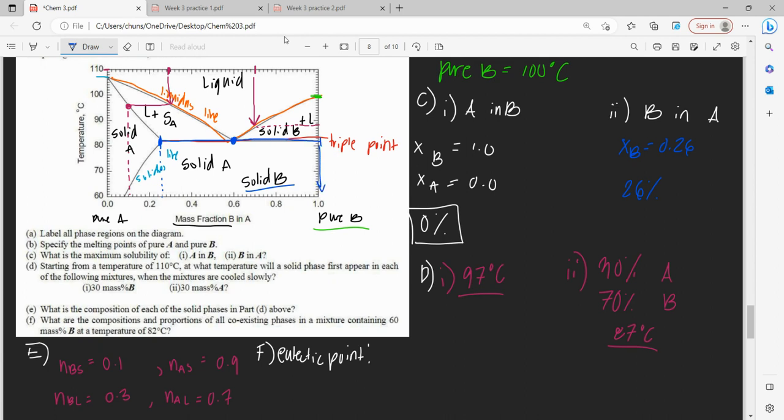So at the end, B of our solid is equal to 100%, and for our solid A, this is equal to 0.25%.